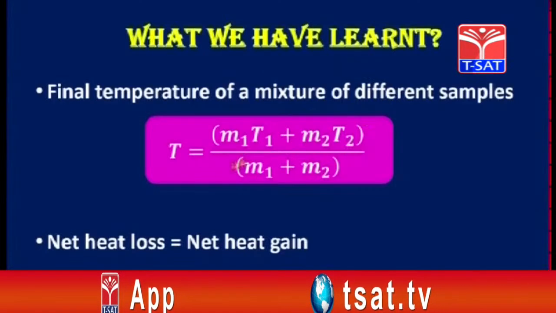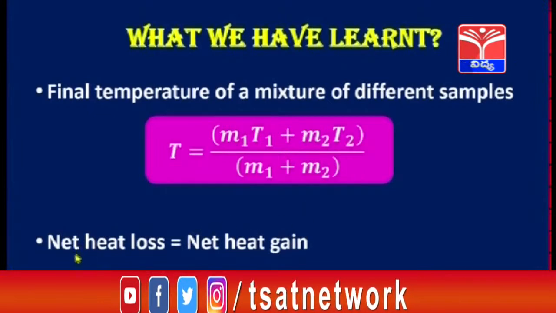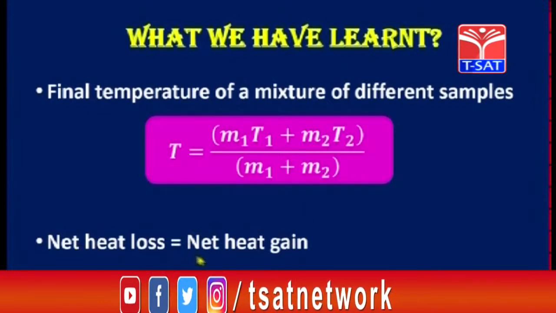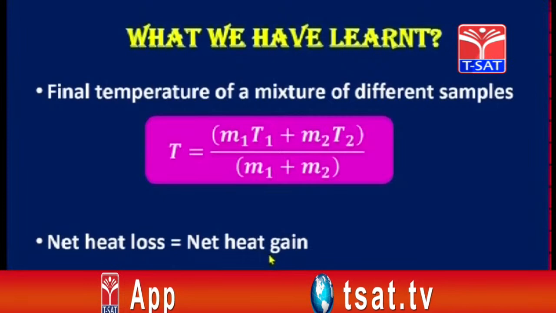The final temperature of the mixture of different samples is T is equal to (M1 T1 plus M2 T2) by (M1 plus M2), and the principle of method of mixtures: net heat loss is equal to net heat gain. Heat lost by the hot body is equal to the heat gained by the cold body.